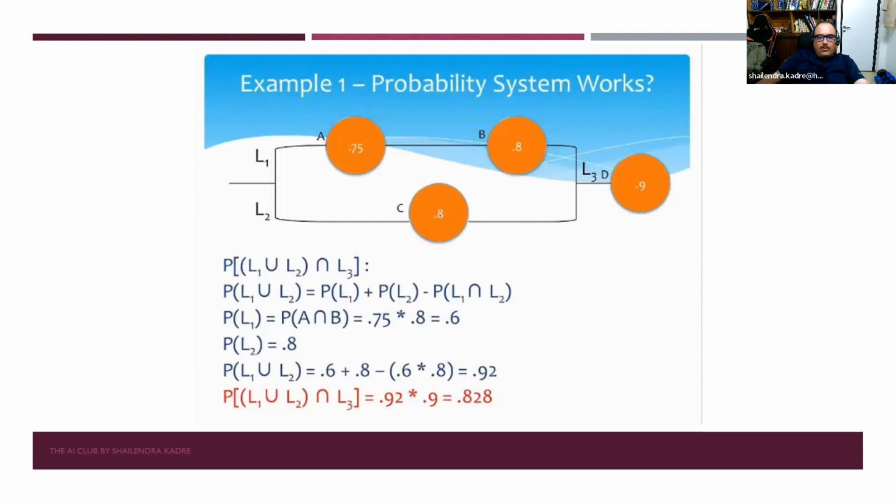Now put it in the formula: PL1 is 0.6, PL2 is 0.8, minus PL1 into PL2, 0.6 into 0.8. We get the overall probability of L1 union L2 as 0.92. Now with that you have to find the intersection with L3, so it will be simply 0.92 into 0.9.